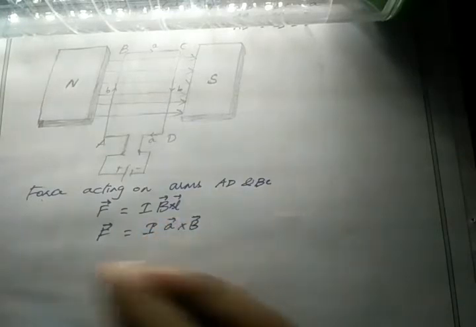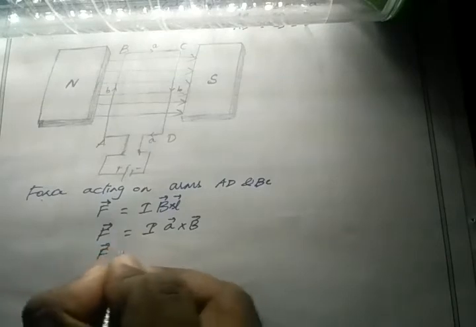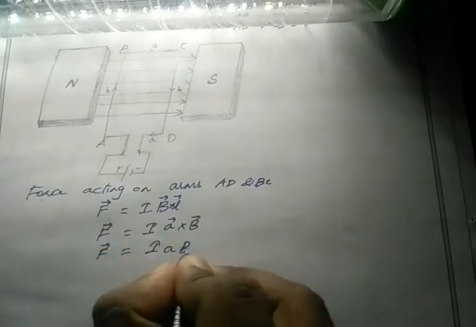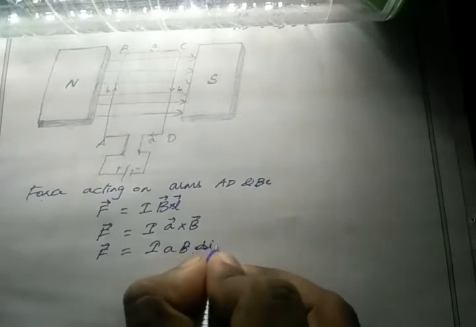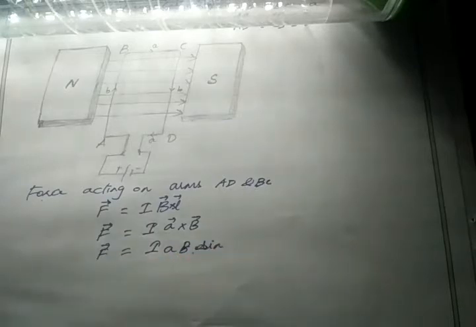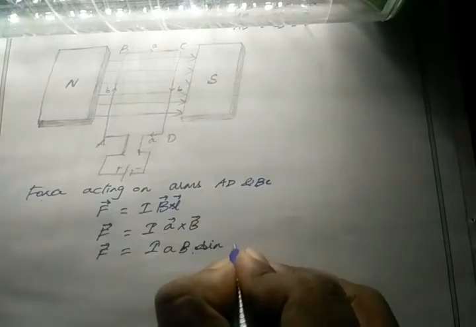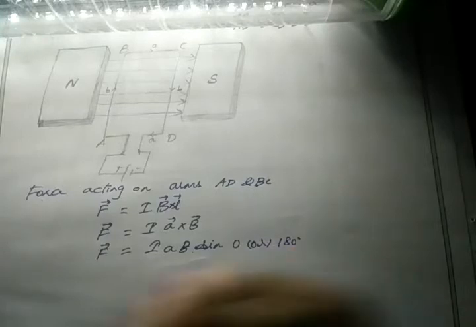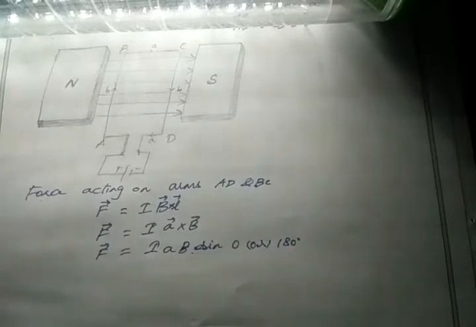To remove the cross product, we use sin theta: I a B sin theta. What is the angle? The angle between AD, BC and the magnetic field: both are parallel, so we can take the angle as 0 or 180 degrees.